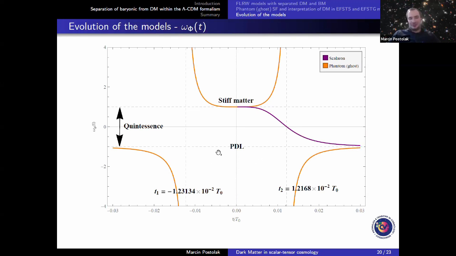But in the case of the phantom scalar field, we have the stiff matter era in which we have the so-called matter bounce, but we have probably some kind of phase transition, because after the stiff matter era, we obtain the phantom evolution. So we go to more negative values of the equation of state parameter, and at late times, we go to the standard -1 evolution.